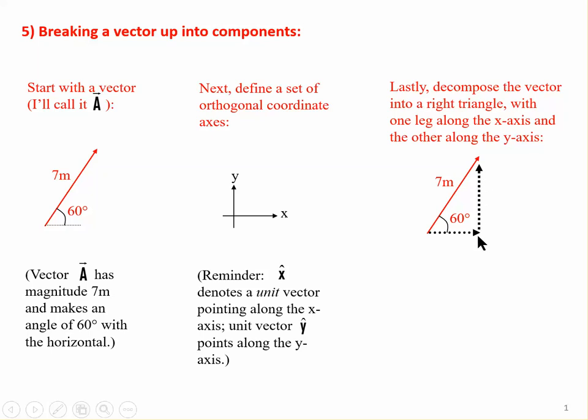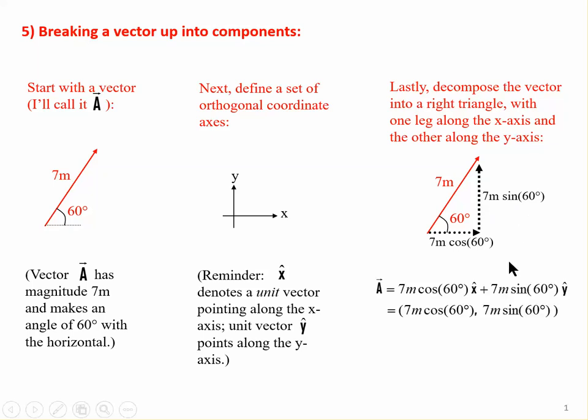Okay? Well, just recalling some basic trigonometry, we have a nice right triangle here. So we know that the length of this side here is 7 meters cosine 60 degrees, and the length of this side here is 7 meters sine of 60 degrees. Therefore, I can express this red vector here, vector A, as going 7 cosine 60 along the x hat direction plus 7 sine of 60 along the y hat direction.